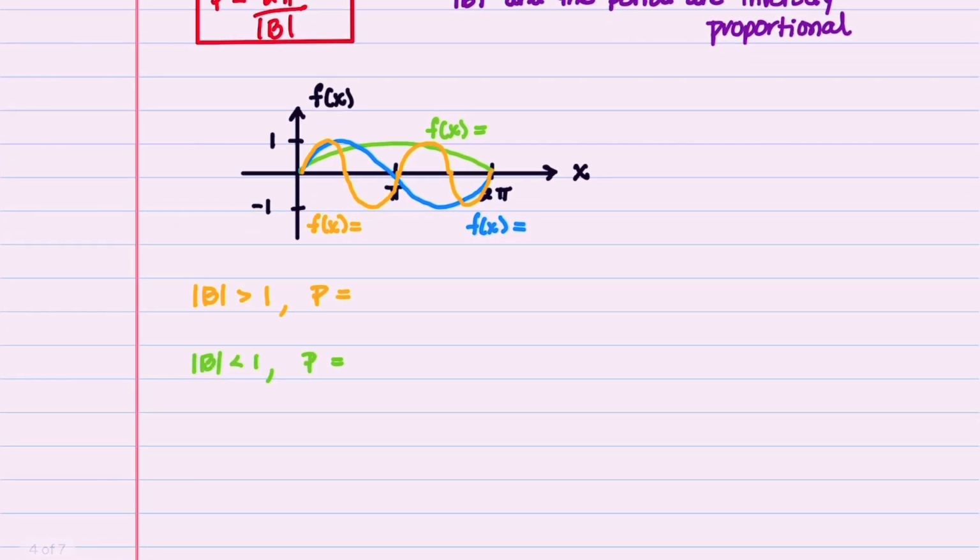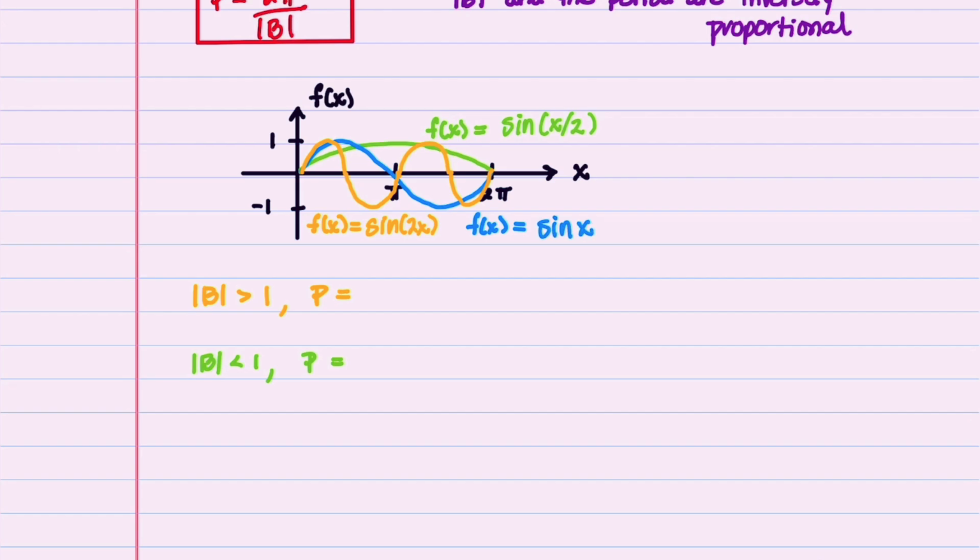To understand B better, let's look at 3 different sine graphs. Our graph in green is f of x equals sine of x over 2. Our graph in orange is sine of 2x, and our graph in blue is sine of x.